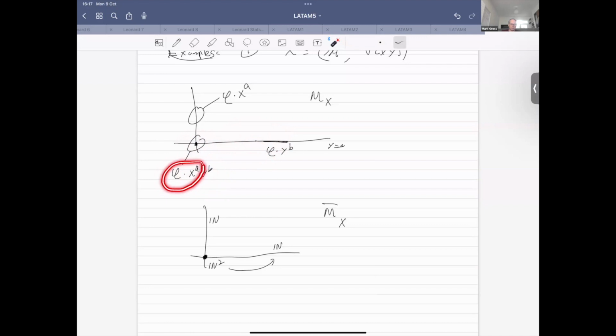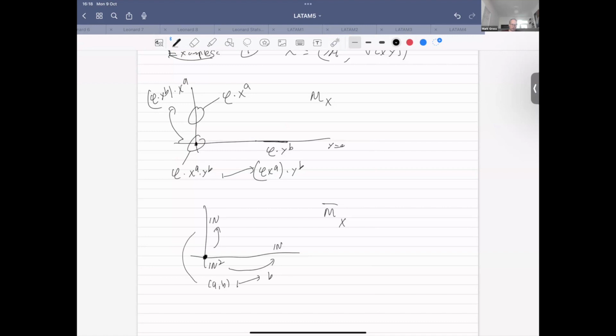You're just left with the exponent b. So in other words, the map going this way is that phi times x^a times y^b becomes an invertible function phi times x^a times y^b. Similarly, if we go this way, this can be thought of as phi times y^b times x^a. So these two maps become: (a,b) gets mapped to b, and (a,b) gets mapped to a.